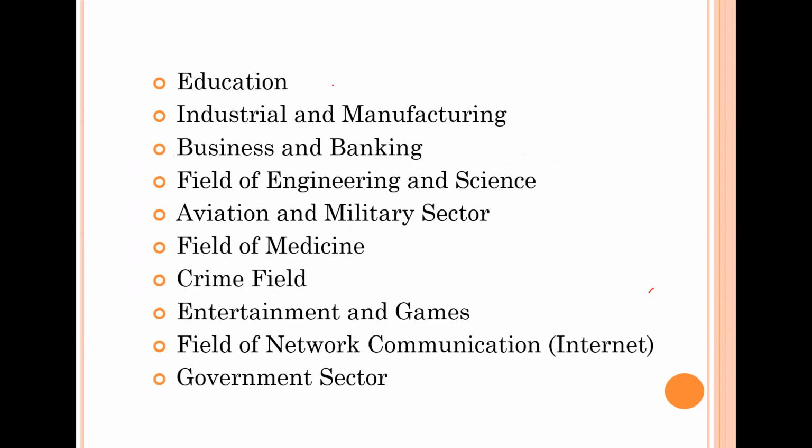For the educational, we've got the help of technology, we can get online education. And then in the industrial and manufacturing, probably that will help the process of digitalized manufacture, right? And then in the banking, we've got online banking also.